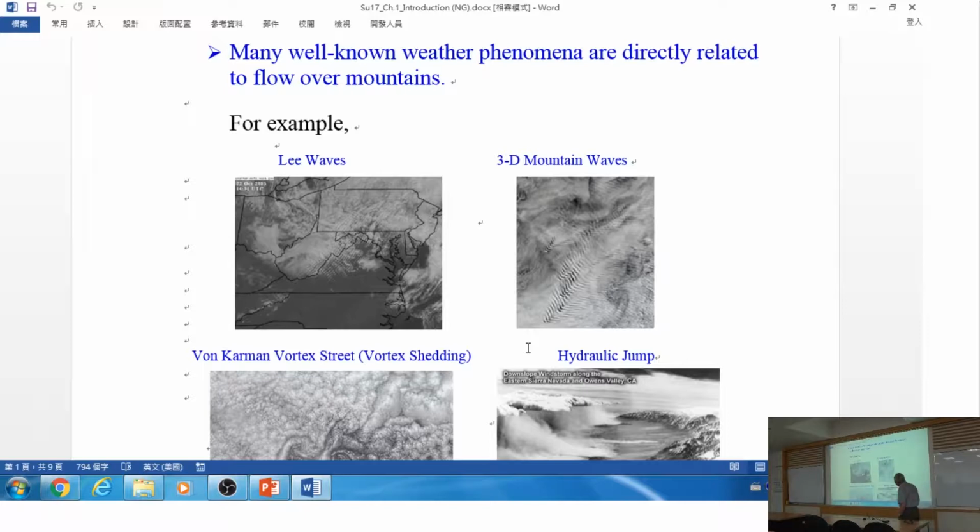Here you can see, I don't know if people watching the video can see it, nice clouds. They are parallel to the mountains, lying like this, and those cloud lines are parallel to them. So the flow is coming from the northwest, and this phenomenon is related to flow over mountains.